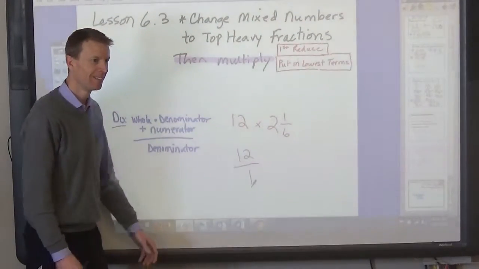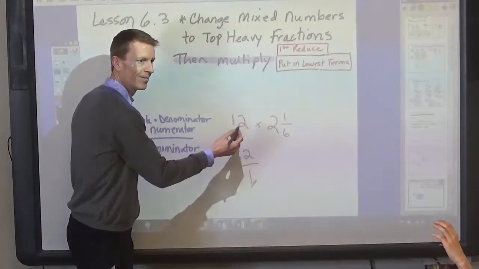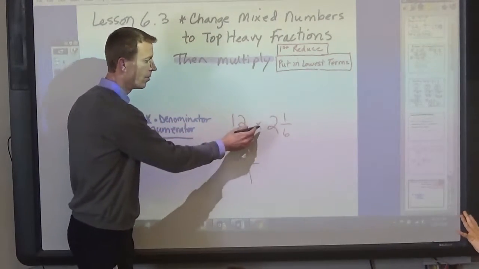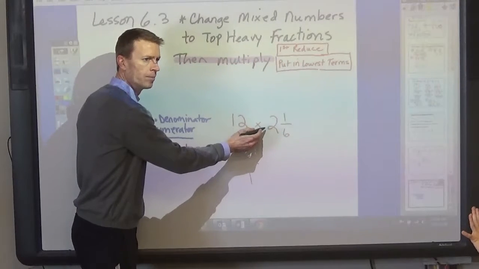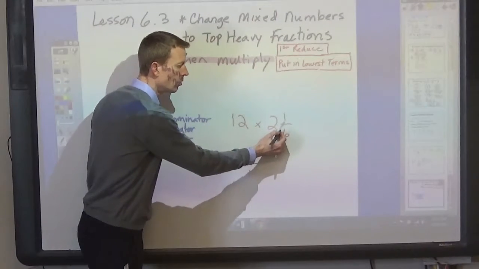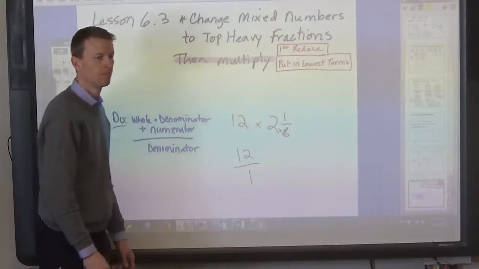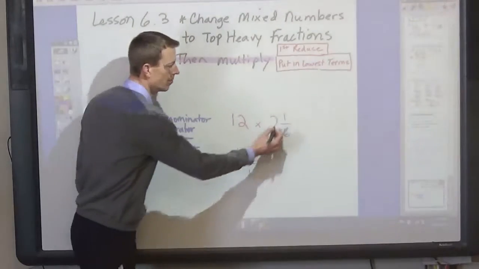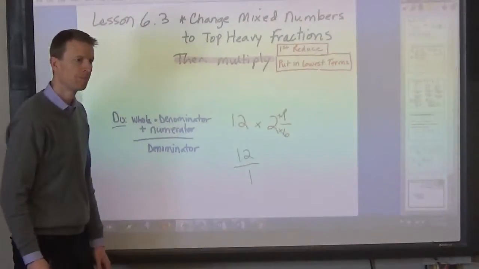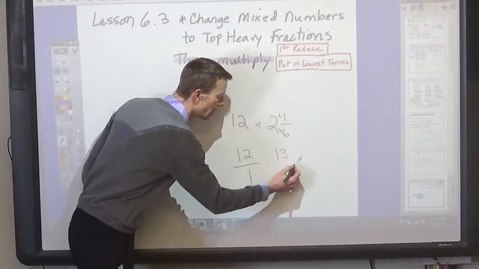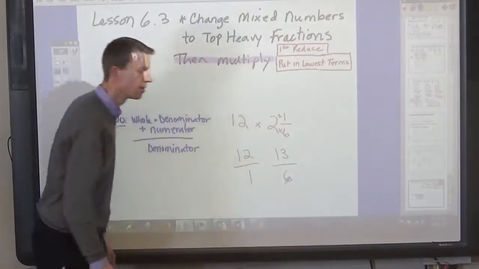Hillary? The whole number times the denominator, so do 2 times 6, then add 1. Yep. Very good. 13 sixths.